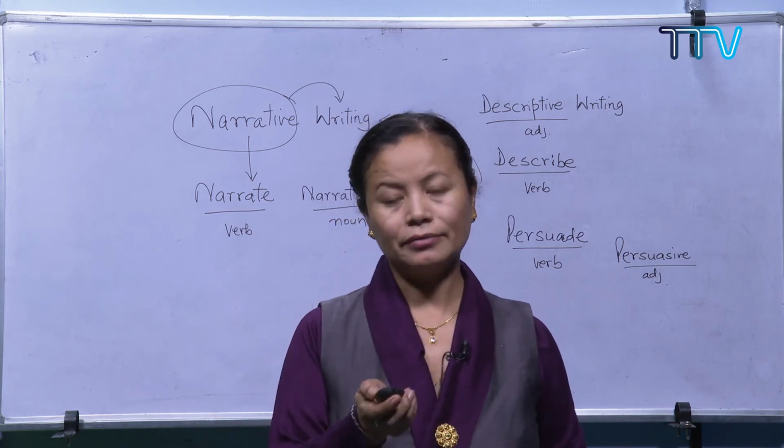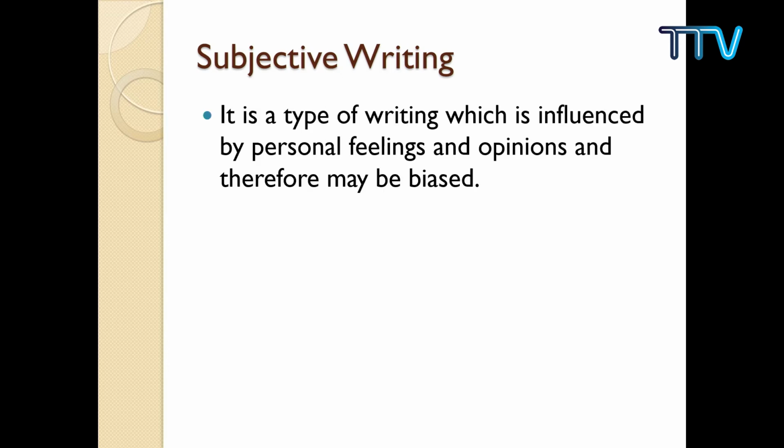So, look at the slide. It is a type of writing which is influenced by personal feelings and opinions, and therefore may be biased, because the focus is not on what is actually happening, the object, but rather on the subject.